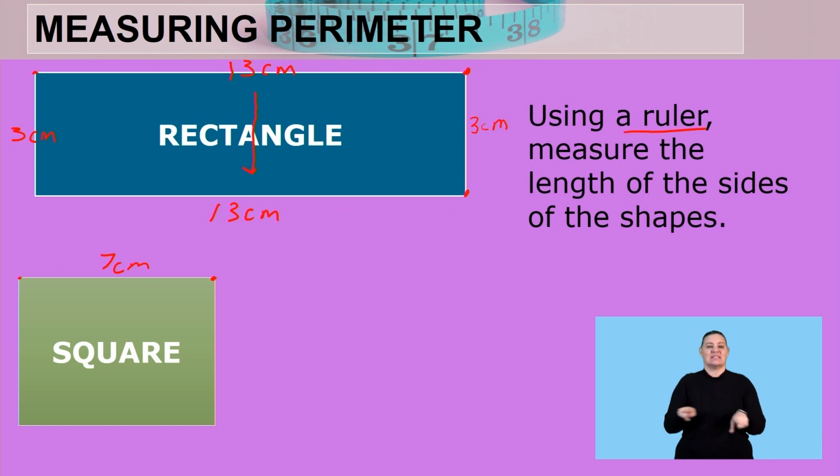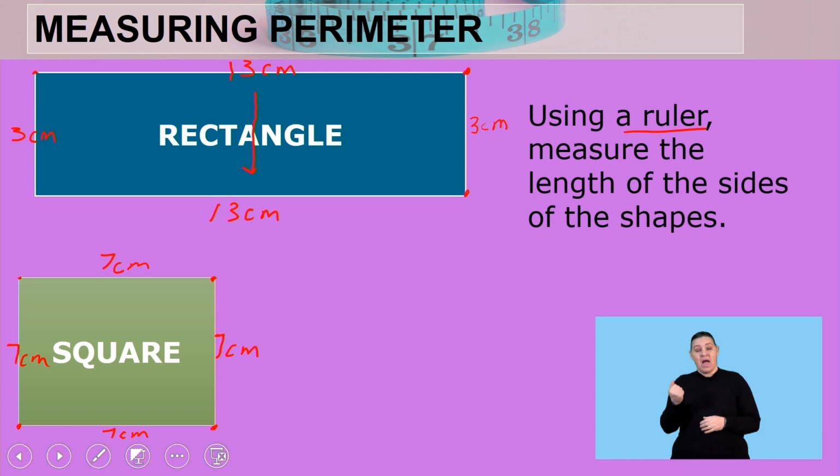And when I checked, they were. So that's 7 centimeters, that's 7 centimeters, and that's 7 centimeters. And again, we measure from corner to corner. Here we go. From that corner to that corner. Nice work. Let's look at another shape.